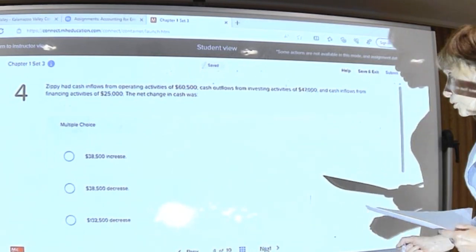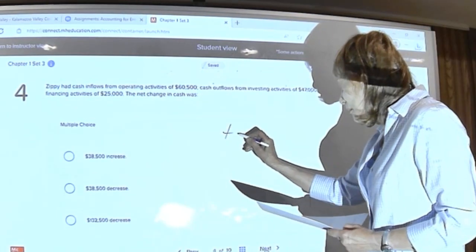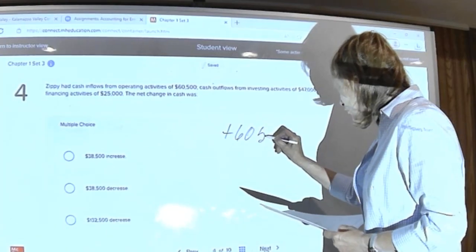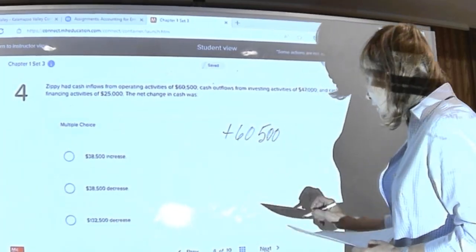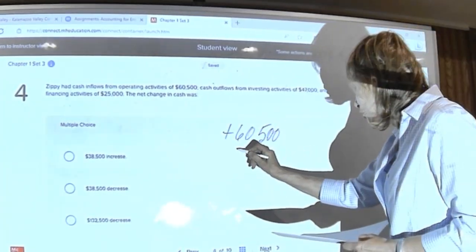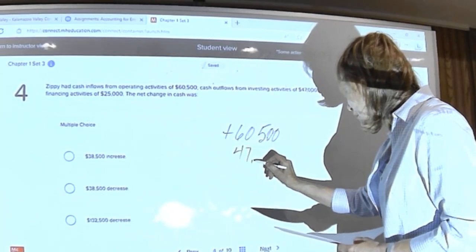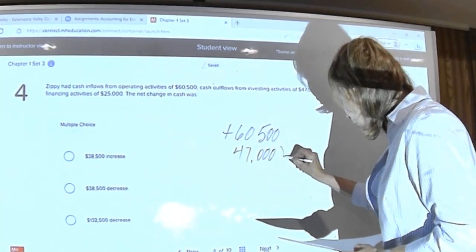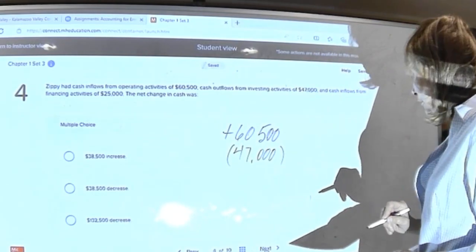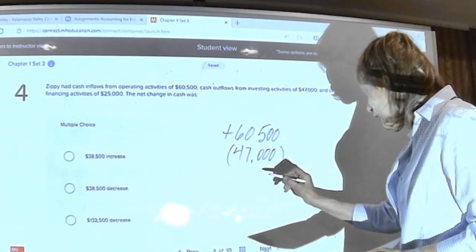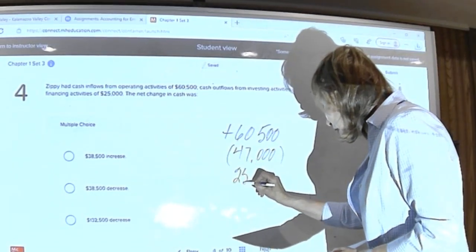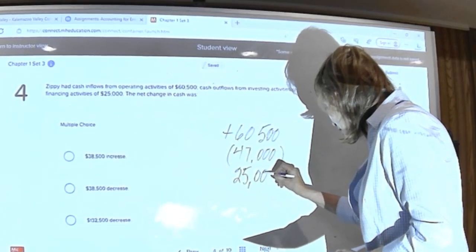So we had an inflow, a plus of 60,500. And then we had an outflow, a reduction of 47,000. We'll put that in parentheses for you. And then an inflow of 25,000. That's another plus.